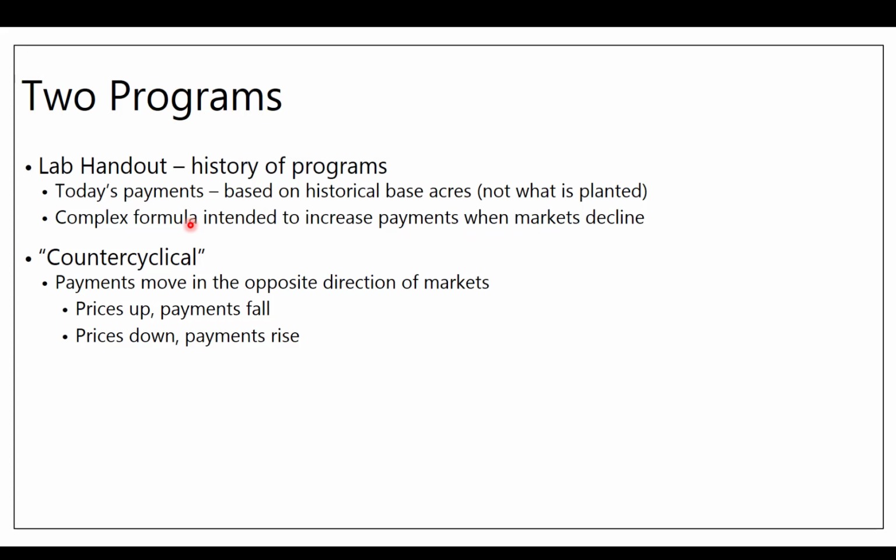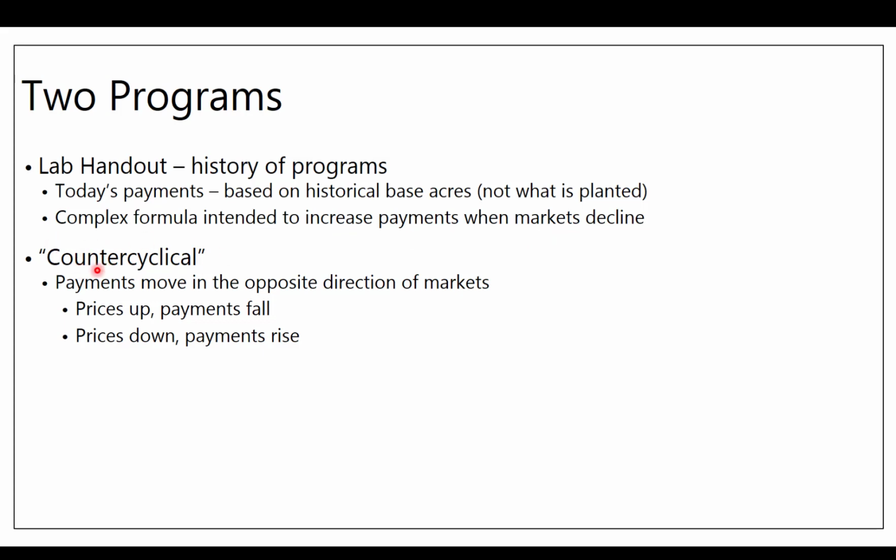And then the second part of this is to come up with a formula that will increase payments when markets are in decline. The primary purpose here is income support or price support. So we need something that gets triggered when markets start to fall and keeps adding on support as the markets fall further.